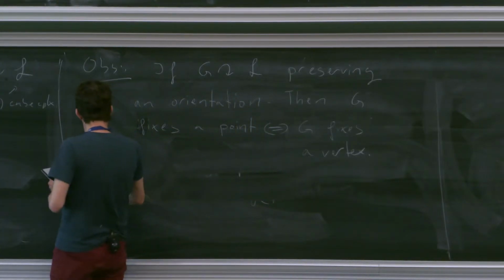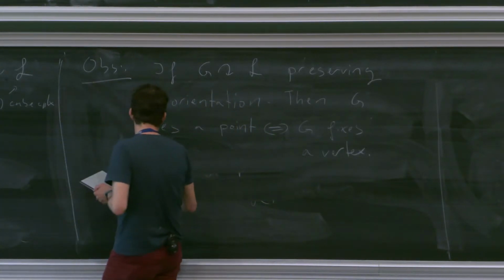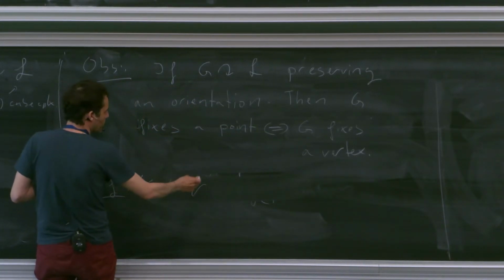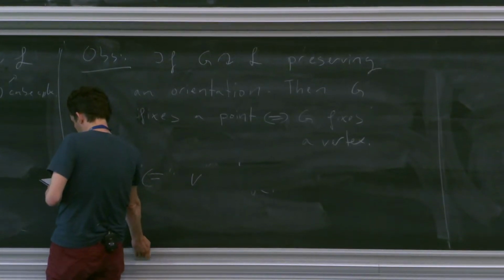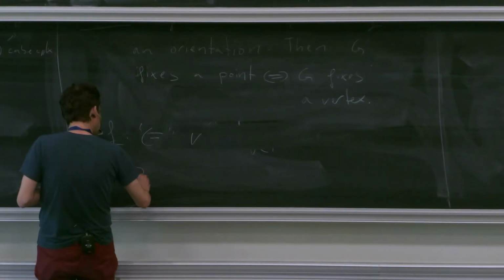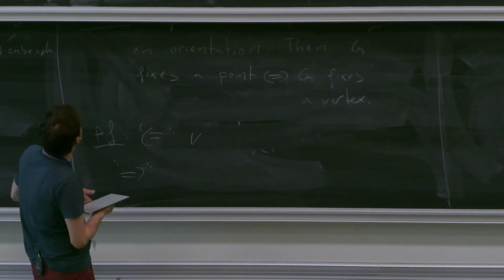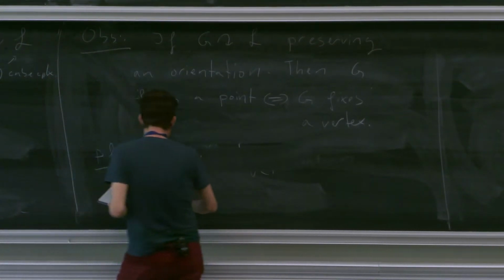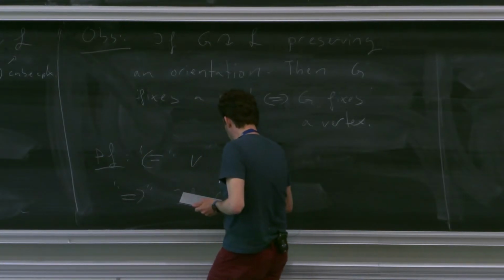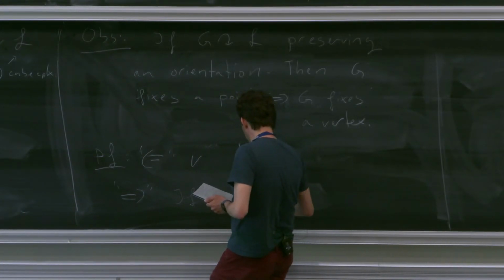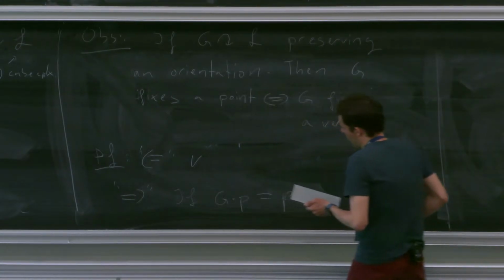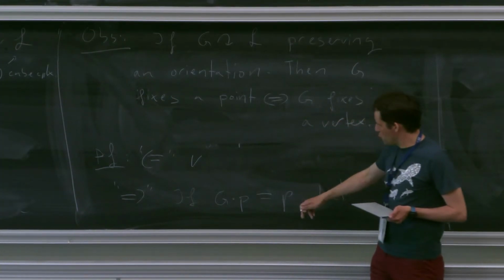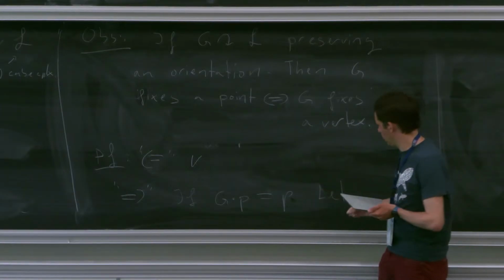And for the proof, well, okay, one direction is clear, right? If it fixes a vertex, it also fixes a point. Vertices are points, so that's good. And for the other direction, we just assume that P is our fixed point. So if G times some point P in the cube complex is equal to P, now what we do is we take the smallest cube that contains P. So that's a finite dimensional cube.